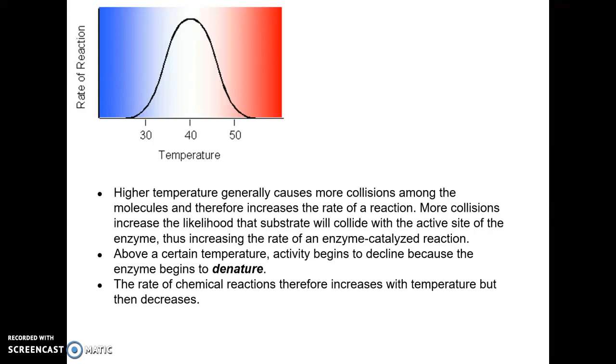If those hydrogen bonds get broken, then we're going to change the shape of the active site. And so this loss of activity with an increase of temperature is called denaturation. And that was the egg whites that I mentioned earlier.